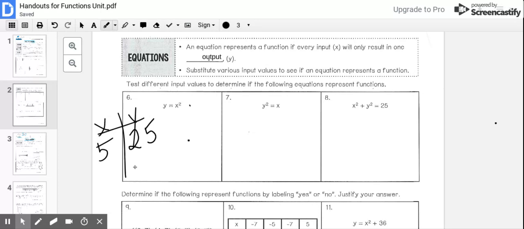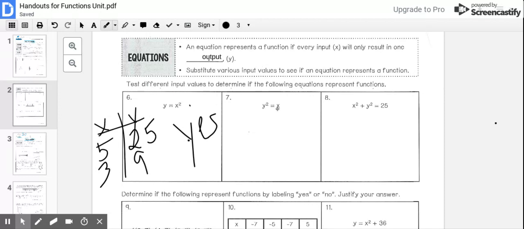And any number I choose there, let's say if I put 3 here, 3 squared, the only possible choice is 9. So this would be a function because every input would have only one possible output.